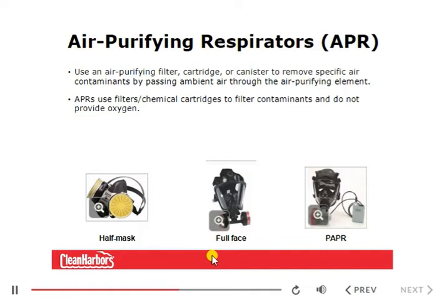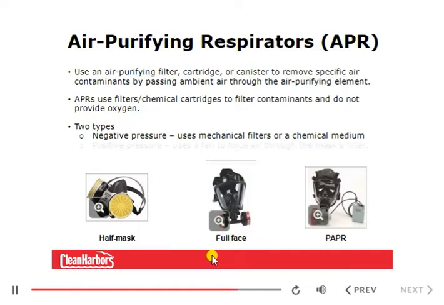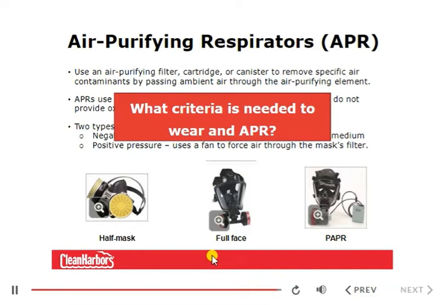There are two types of air purifying respirators, a negative pressure respirator and a positive pressure respirator. In a negative pressure respirator, mechanical filters or a chemical medium is used, while a positive pressure respirator uses a fan to force incoming air through filters in the user's mask. What type of situations warrant the use of an APR?